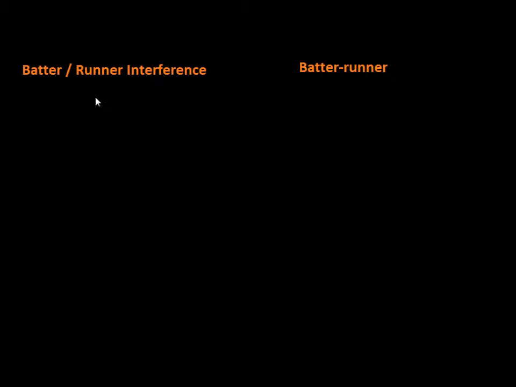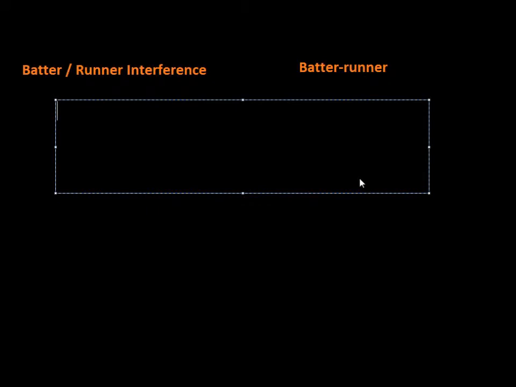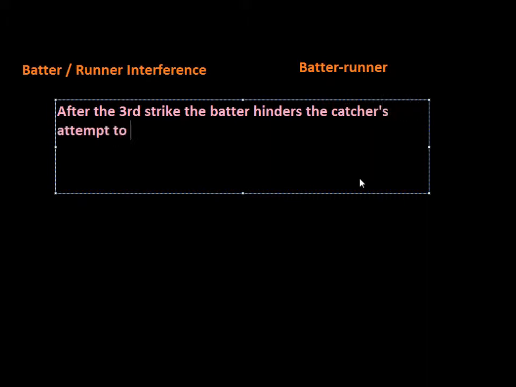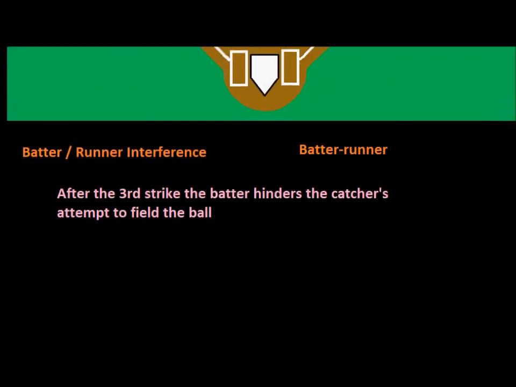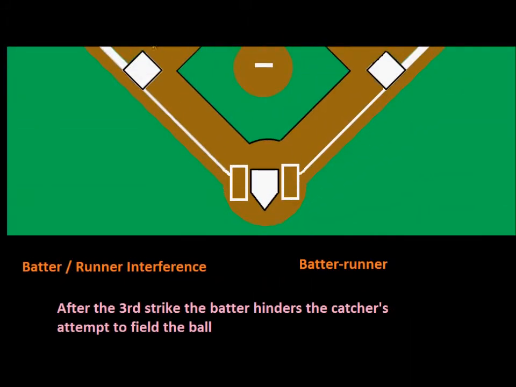So the first example we can look at is that after a third strike, the batter hinders the catcher in his attempt to field the ball. There are some situations in which, if the catcher drops the third strike, the batter can run.